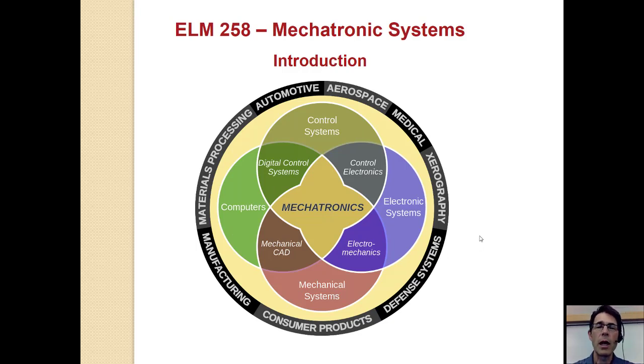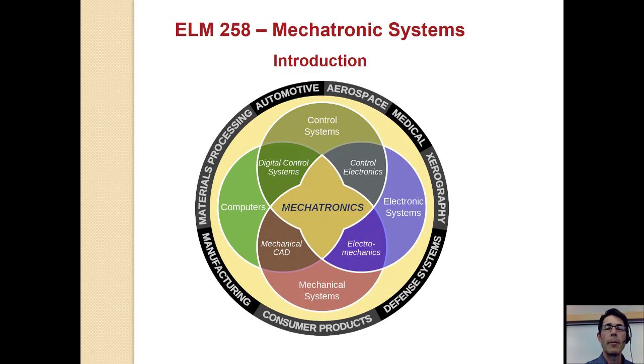The second question, why should we study it and why do we need to learn about it? Well, the basic reason is that you want to learn skills that you can take out into the job market and market those skills. Because mechatronics is everywhere, these controlled systems in manufacturing, in product development, in all kinds of systems, the skills for being able to work with a system like this, being able to troubleshoot, build, test, all the things you need to make a system work, those skills are in high demand.